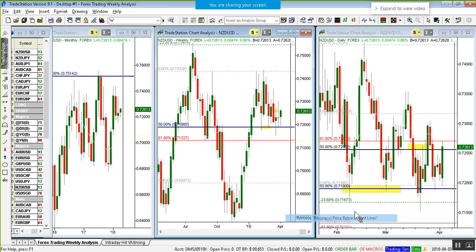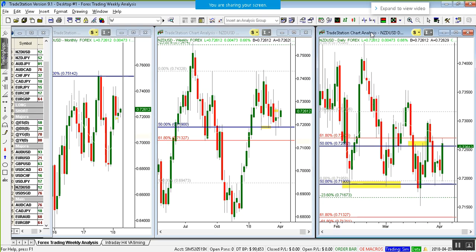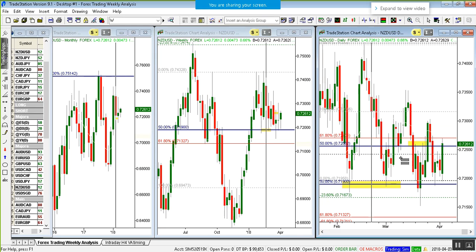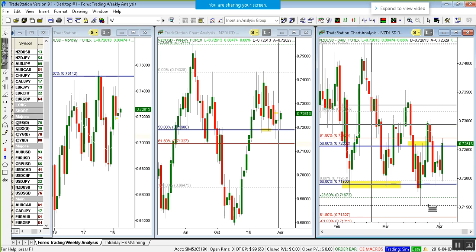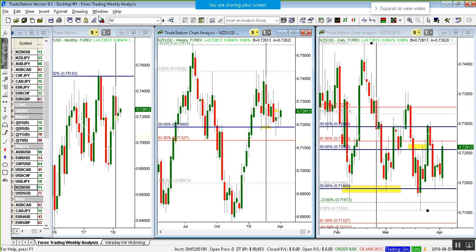support and resistance here. And when we trace on the daily the recent high to lows here, we had the other 50% that we should consider as a potential resistance here.